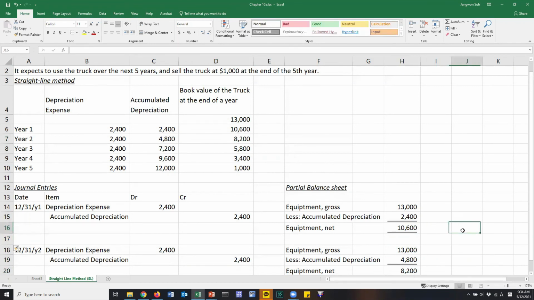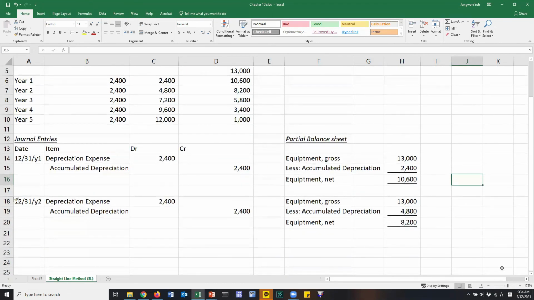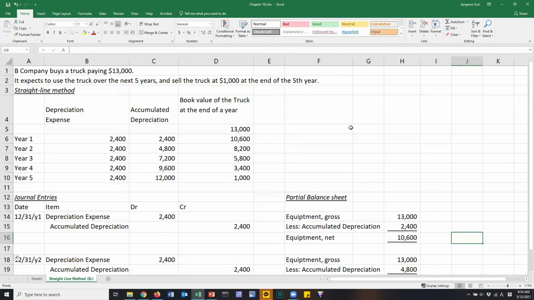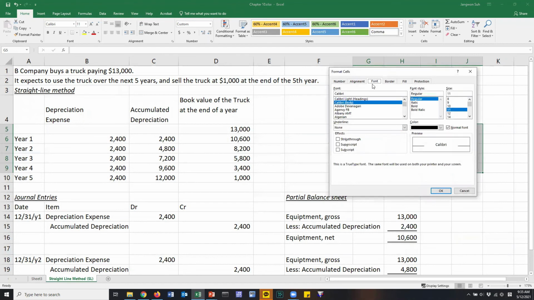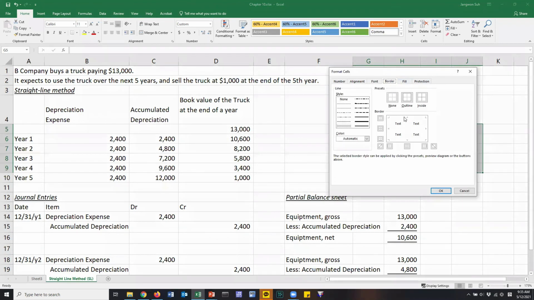So what's happening here on your T account? Drawing a T account in an Excel spreadsheet is something I really don't like, but I'll try.